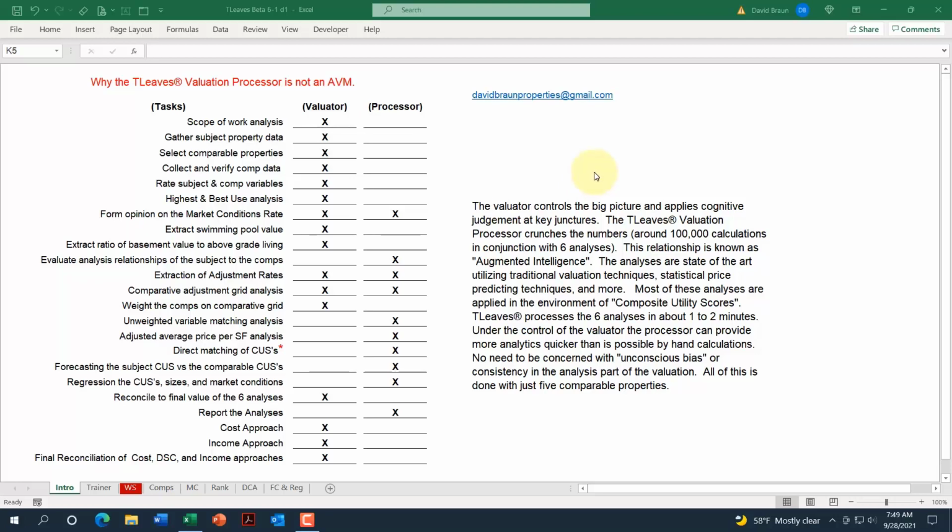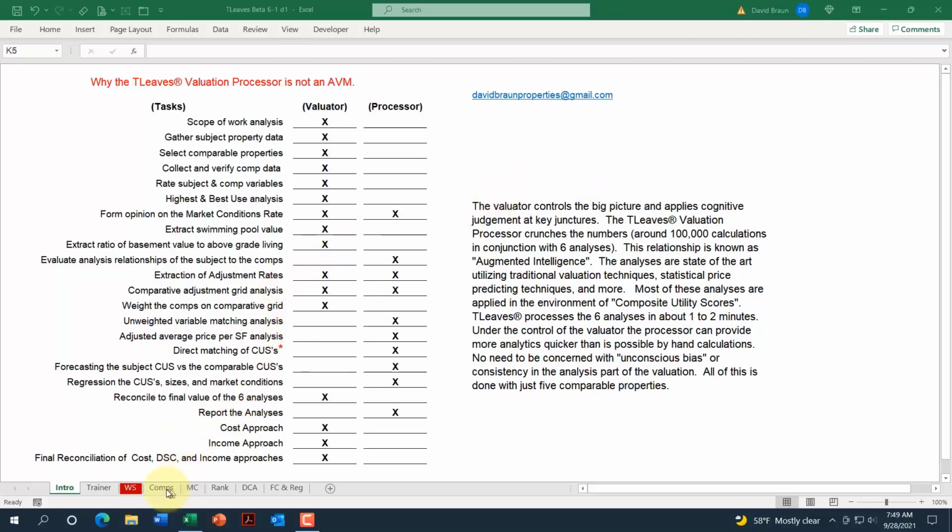And one of the main parts of the puzzle is the analysis that the appraiser does. It's generally considered that the appraisers don't do enough statistical analysis, and they take too long to do what analysis that they do, and they don't support their analysis well. So the processor is an attempt to improve on some of those issues.